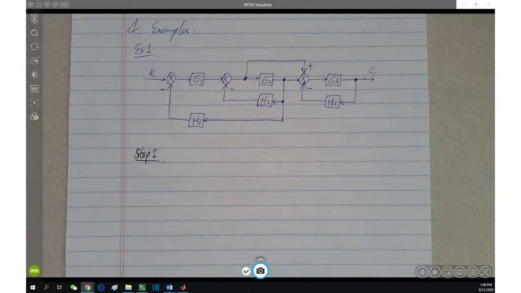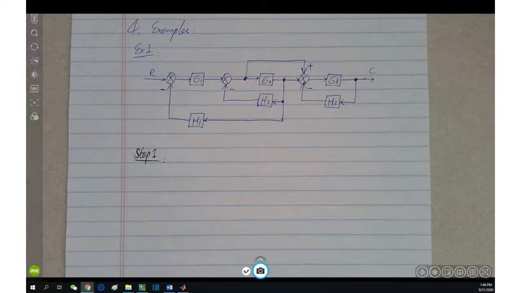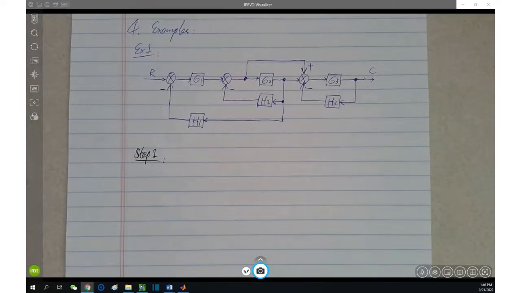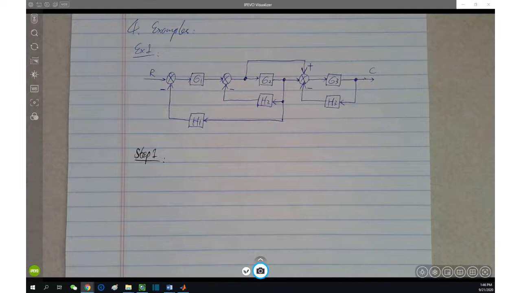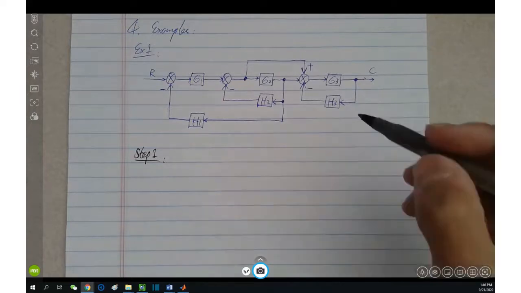Good. I see Alex and two Alex. Coincidence. Both of them found the feedback. Feedback at the right end. Very good.